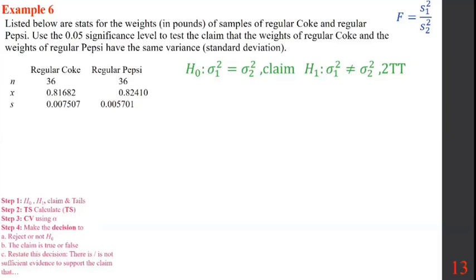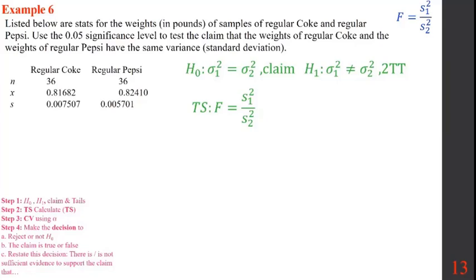It's a two-tailed test. So you do the test statistic of S1 squared over S2 squared. Remember, you have to square those two numbers. Why do you have to square? Because what you have is just the standard deviation and not the variance. Must be squared.